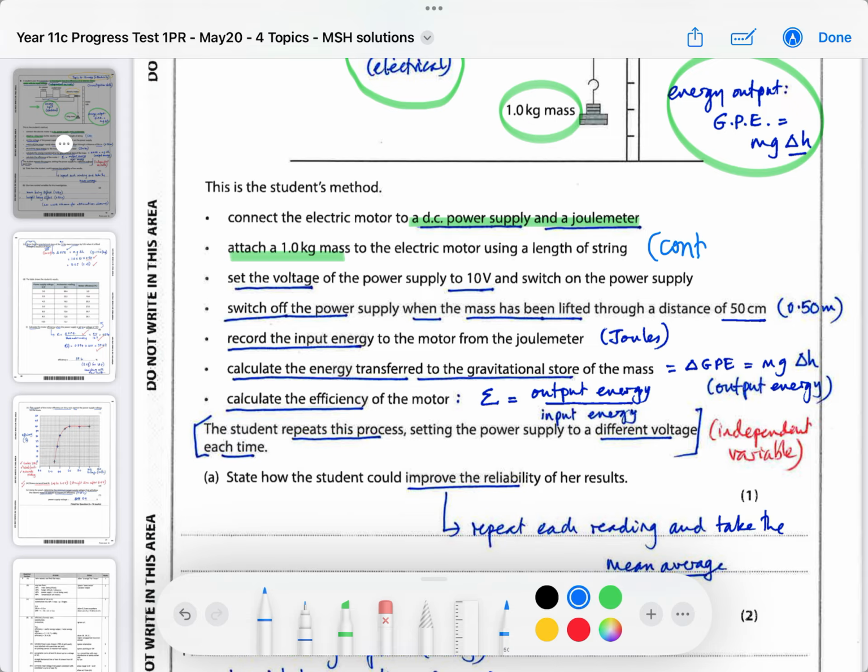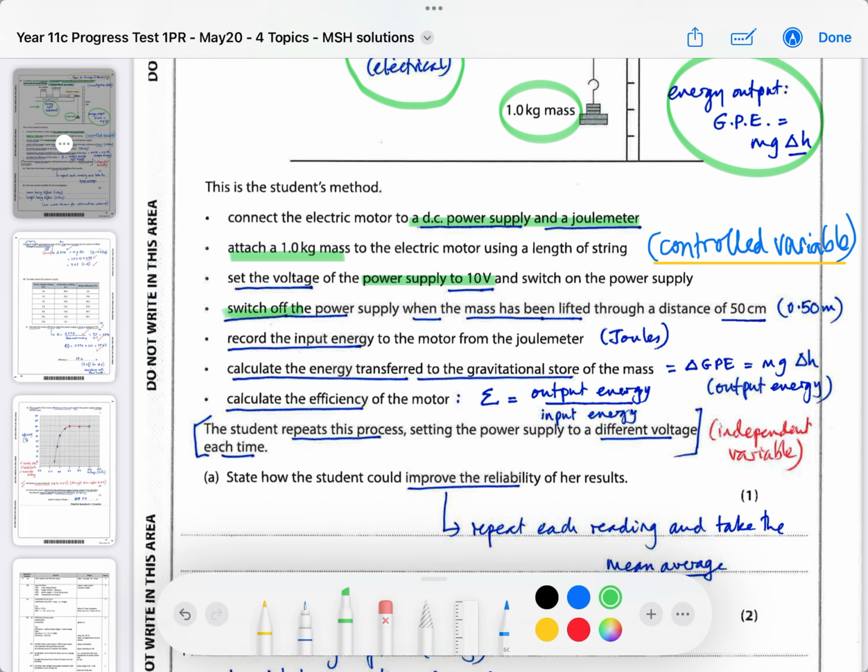This is a skill-based question, and you don't necessarily need to revise very much, but they will always have some questions on investigation skills. They set the voltage of the power supply in this occasion to 10 volts. So that's one of their readings.